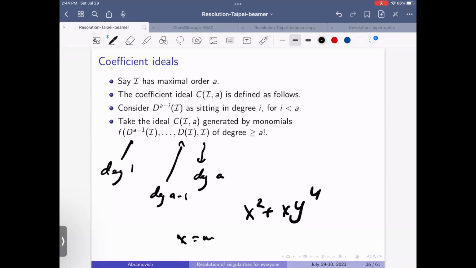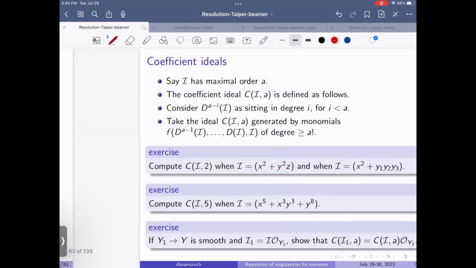X is a maximal contact for this ideal, but you don't want to reduce modulo X directly because then you get the zero ideal and you lose the information that is hidden here. So this is a way of taking all the coefficients of all the elements and putting them in the right place, so that when you then mod out by X, you get something that will help you.